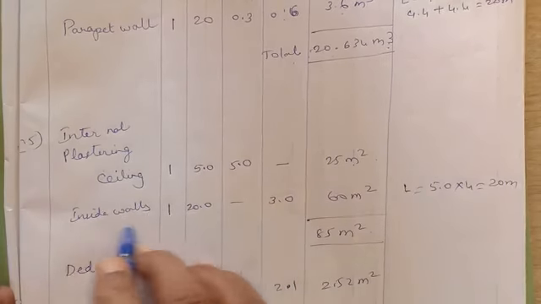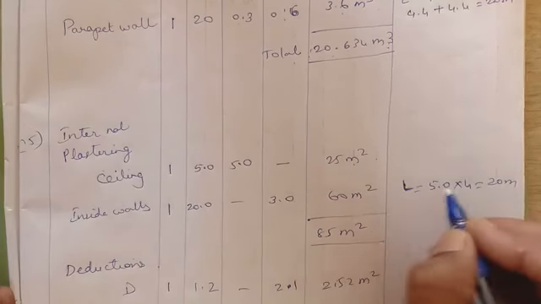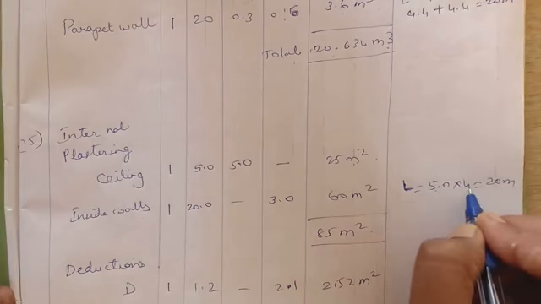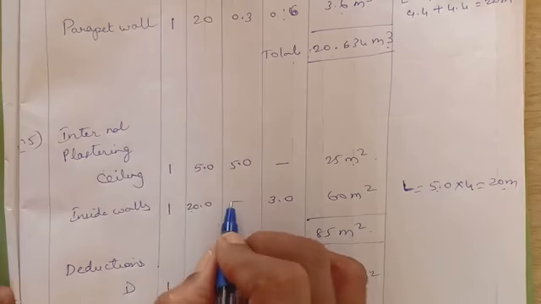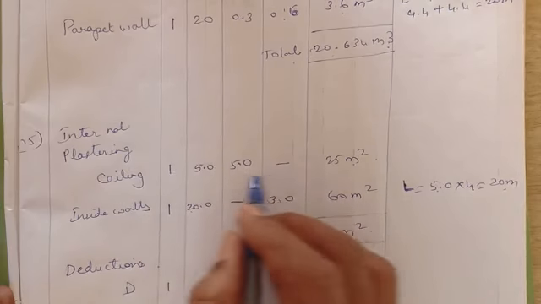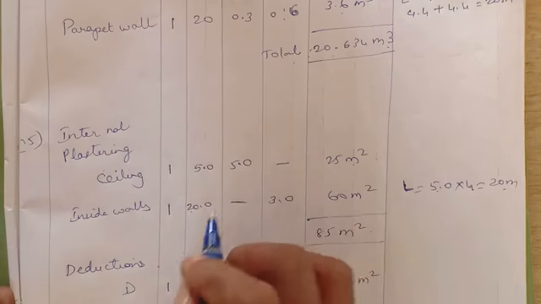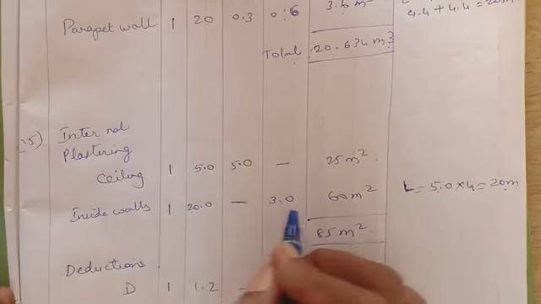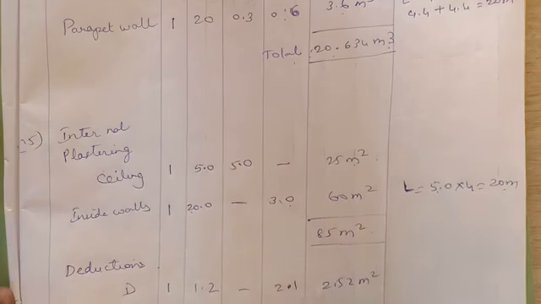So inside of the walls also we have to plaster because size is same, 5 meters, 4 walls are there, 20 meters. So 20 meters, no breadth, height is 3 meters. In the ceiling only the size you will have to put, you cannot put the height, height will be a dash. So here you cannot put the breadth, height you will have to put because it is the height of the room. So total it is 85 meters square.